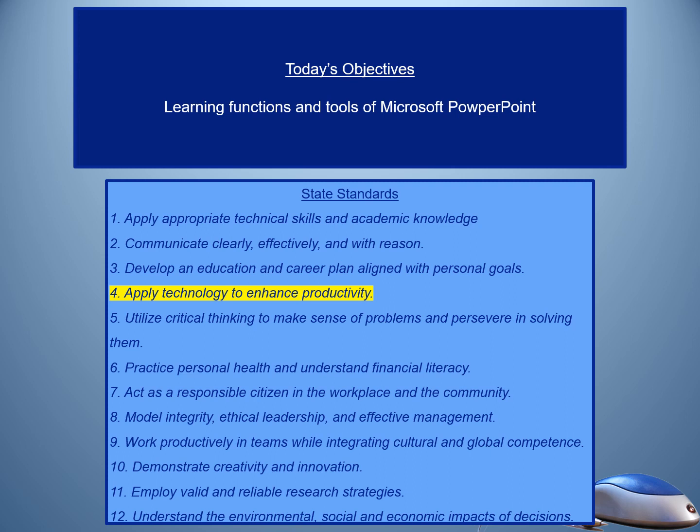the functions of PowerPoint. That is the whole goal. We're learning how to use PowerPoint, learning new tools, using our tools and formatting. That's what I'm looking for.